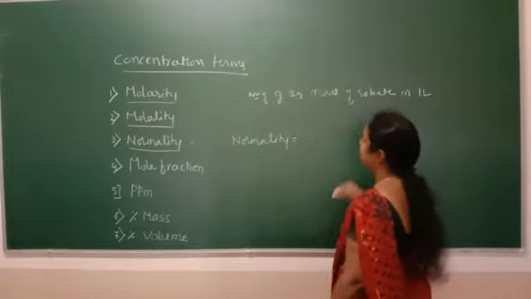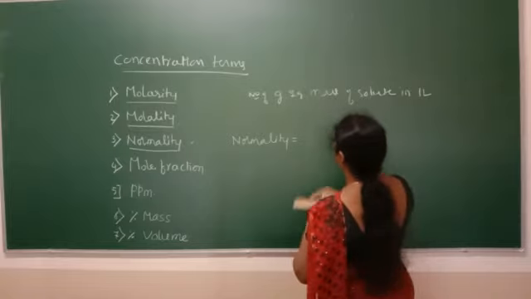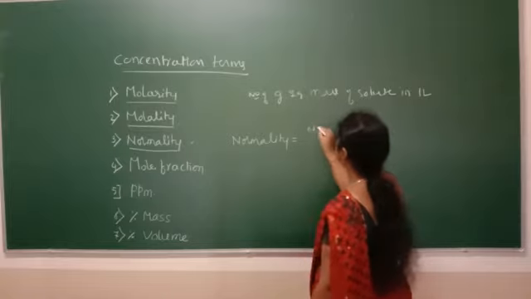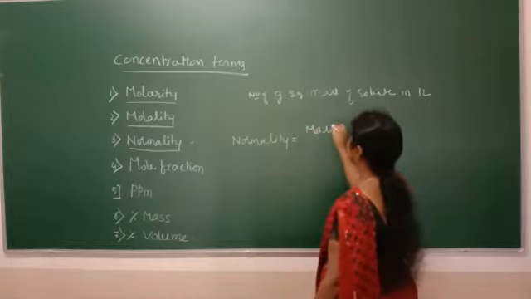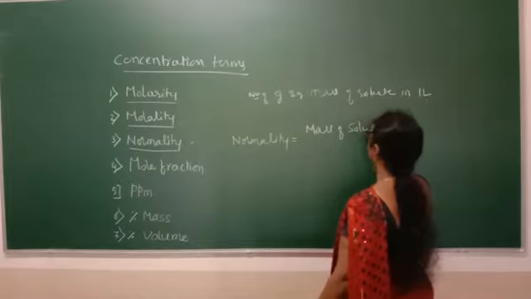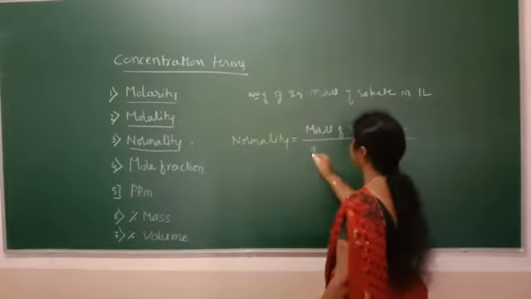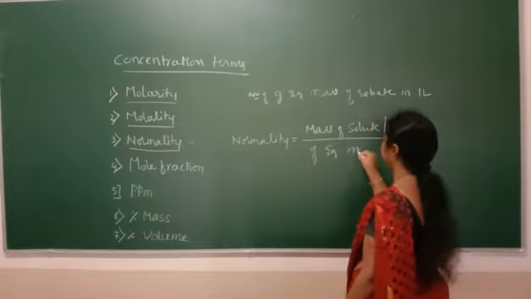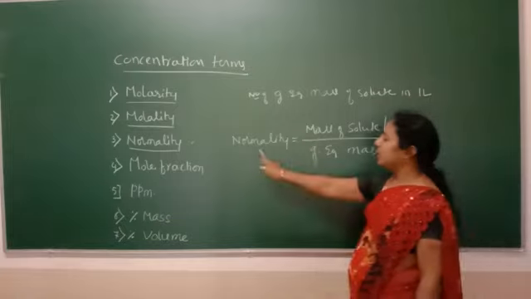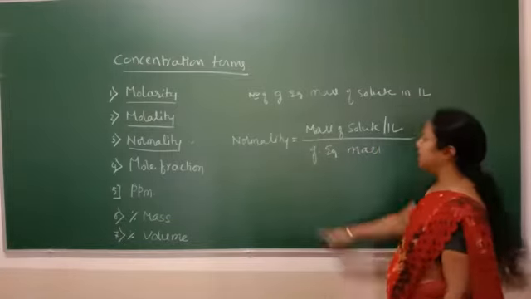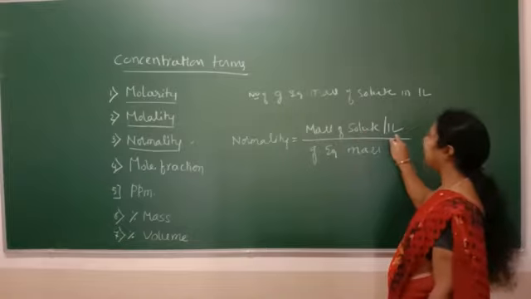The equation used to calculate the normality of a solution is: normality is equal to the mass of solute dissolved in 1 liter divided by the gram equivalent mass.